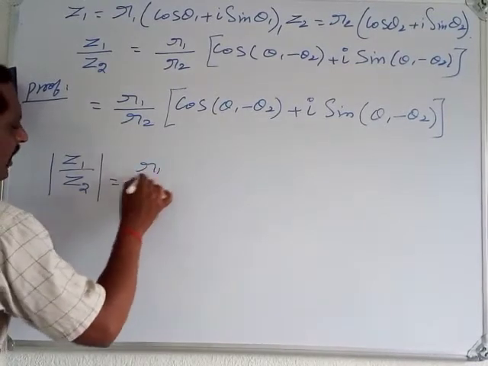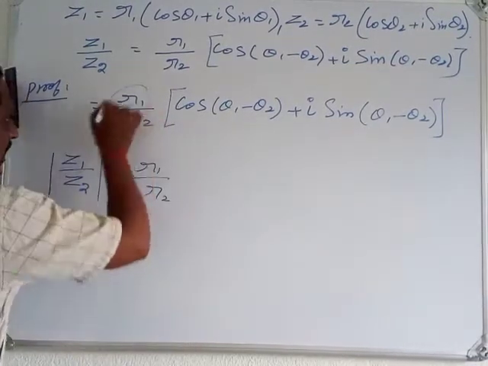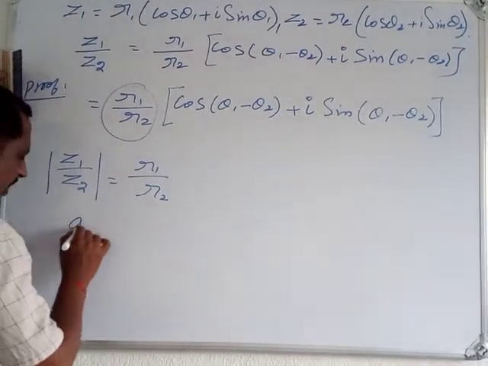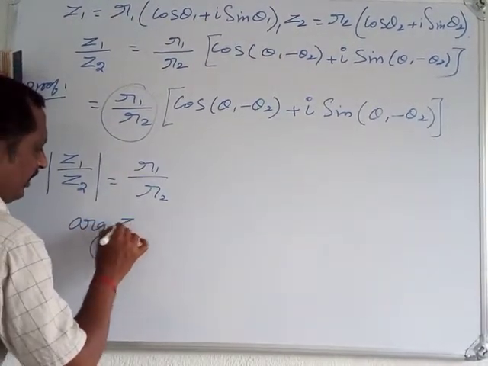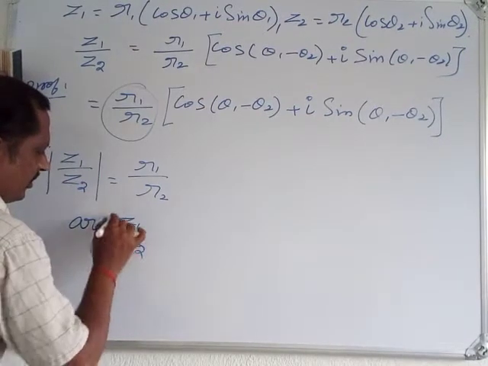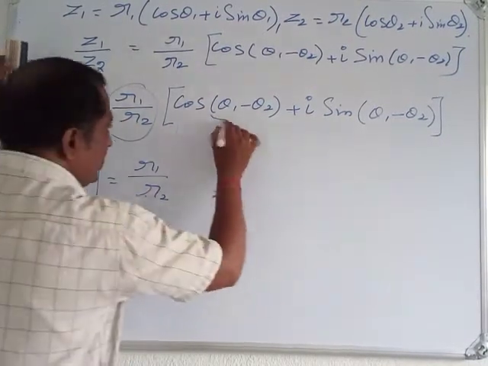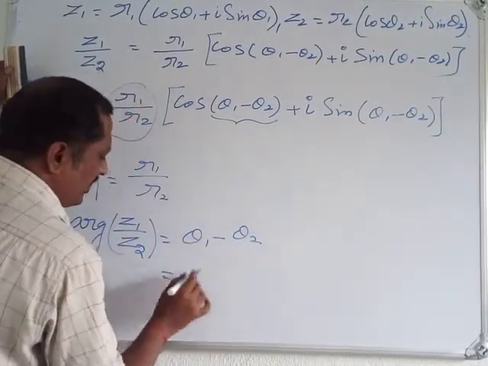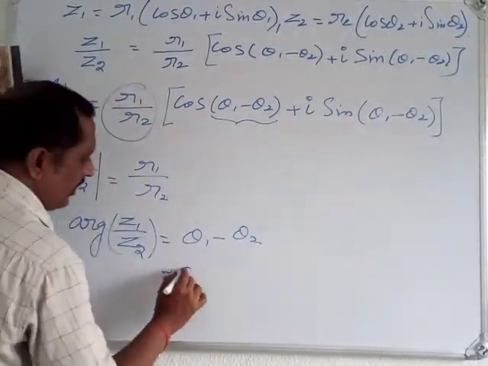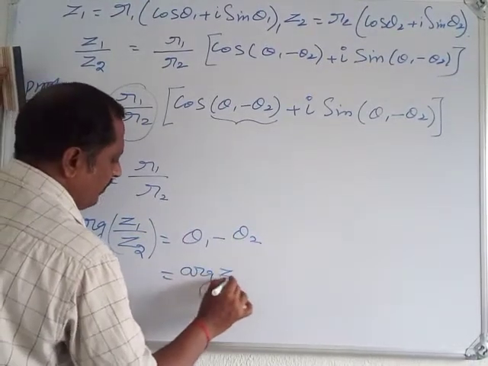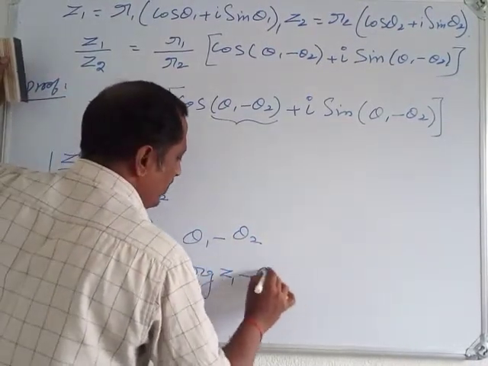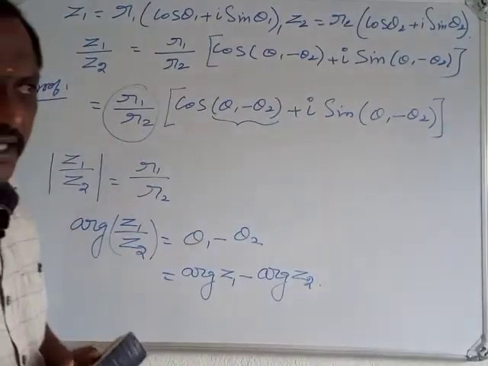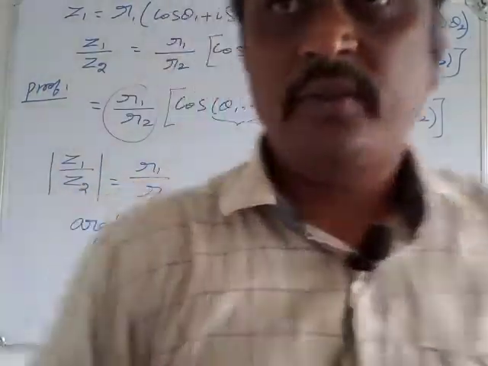Magnitude means you have to write this part only. This is the magnitude value. And next, the argument of z1 divided by z2. The argument is θ1 minus θ2, where θ1 means the argument of z1 and θ2 means the argument of z2. This is the proof for the division property of polar form.